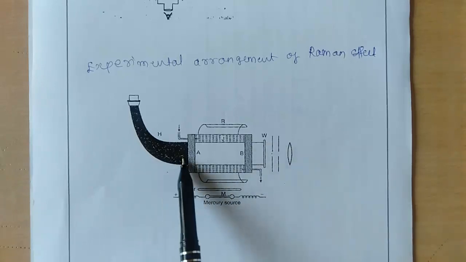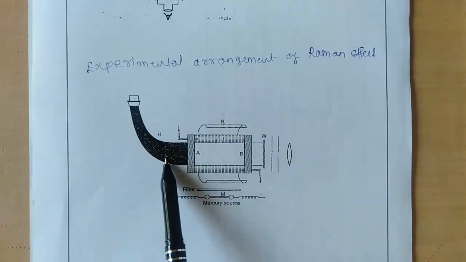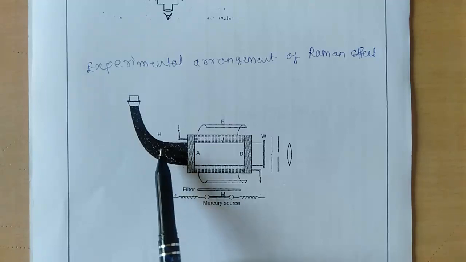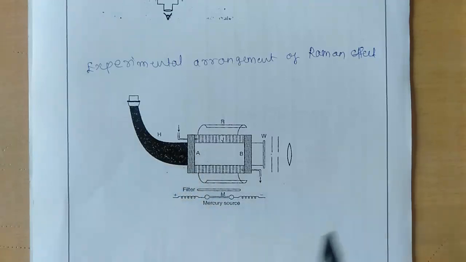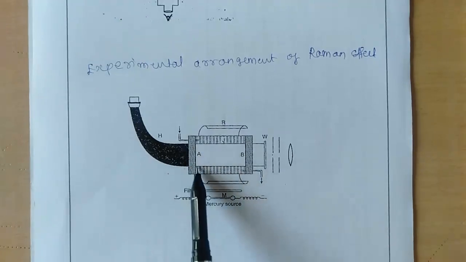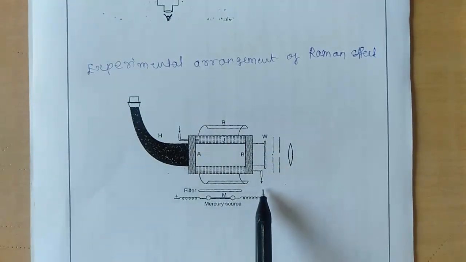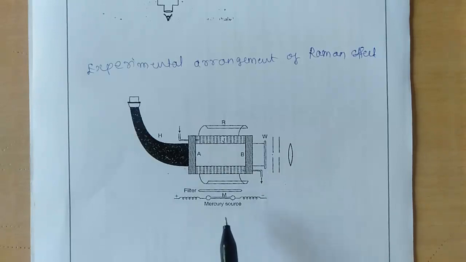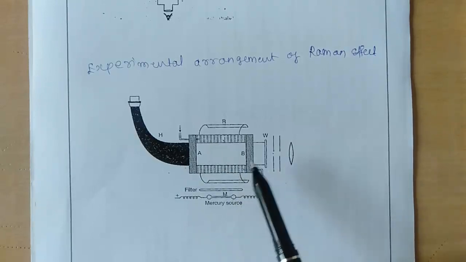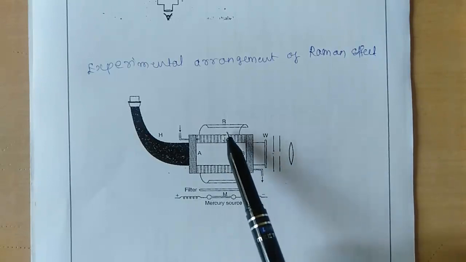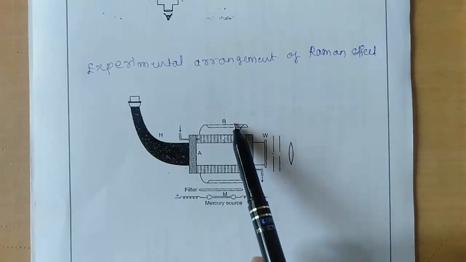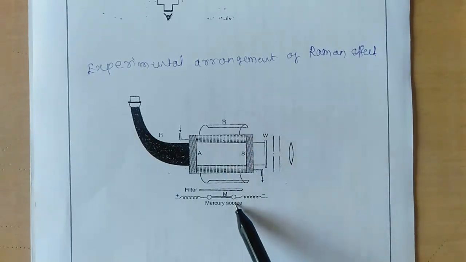We have a water jacket where water comes in and goes out, surrounded by a reflector R, and we have a mercury arc lamp.